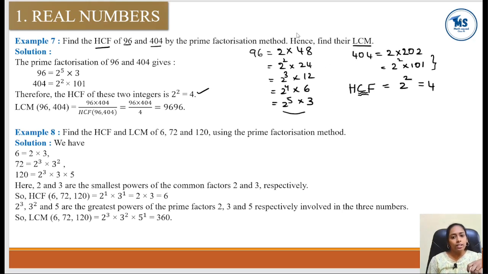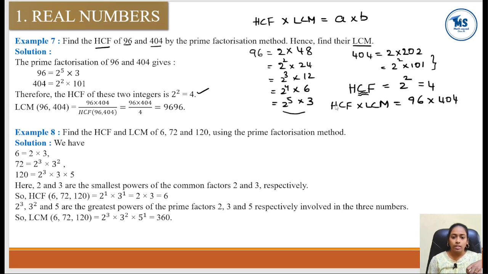How do we find it? We have learned in the previous example that HCF into LCM is equal to the product of the given numbers A into B. So here HCF into LCM is equal to the product of the given numbers, 96 into 404.